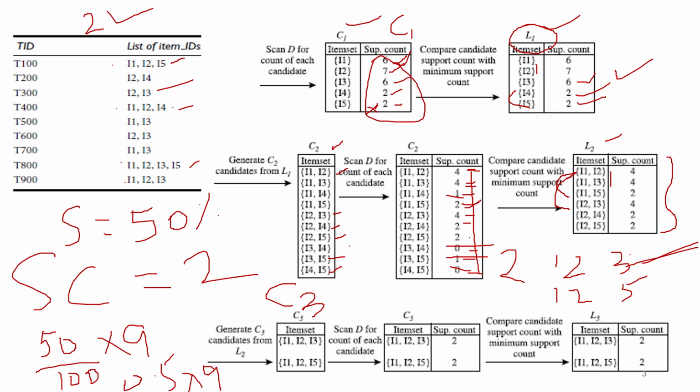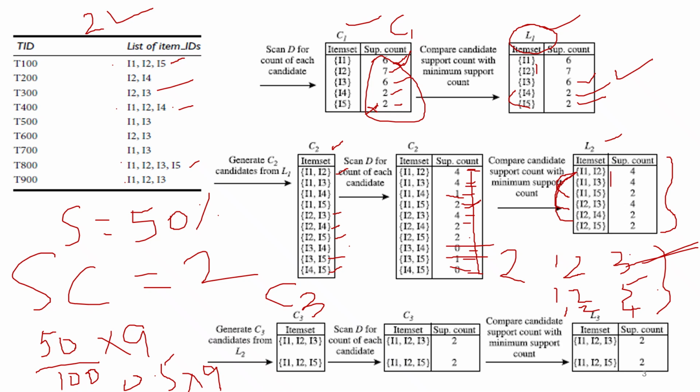Then let me make the combination I1, I2, I4, so the 1, 2, 4 combination I have made too. Then I1, I2, I5 is already here. With the first element I have combined all, and I have got these three sets. Then let me combine I1, I3 with I5.